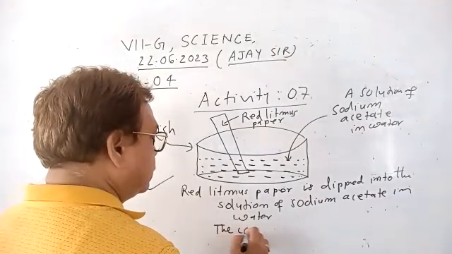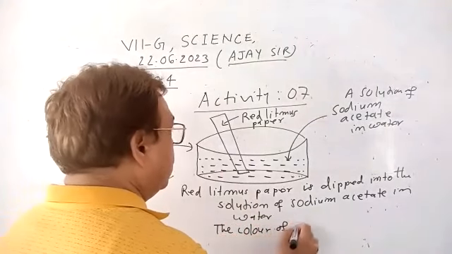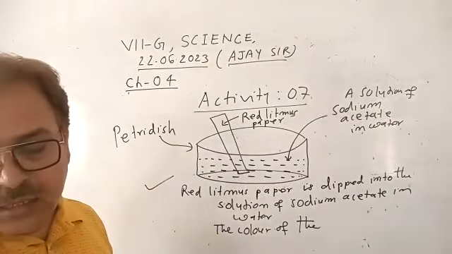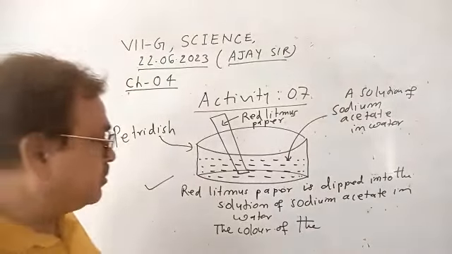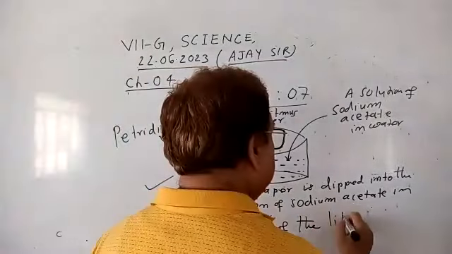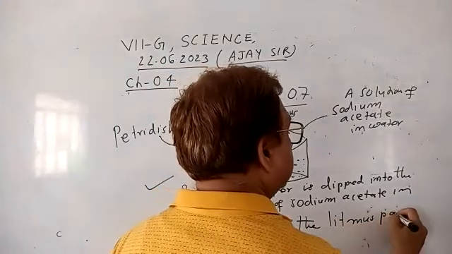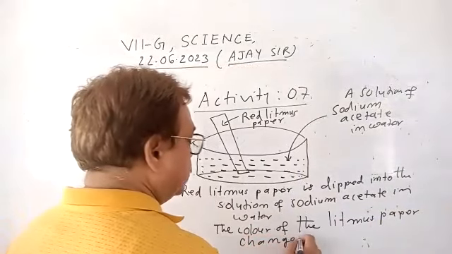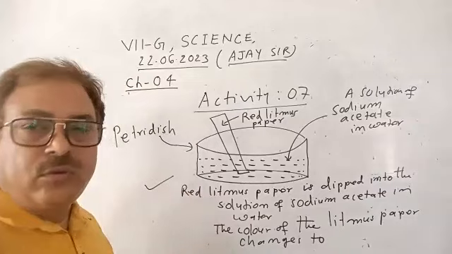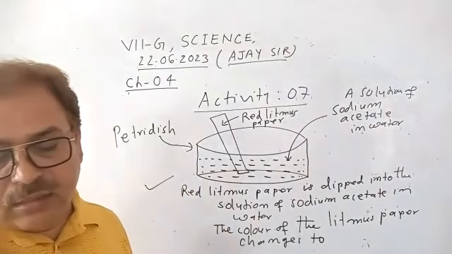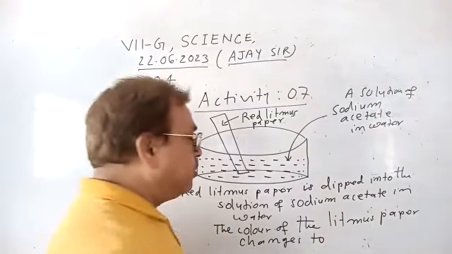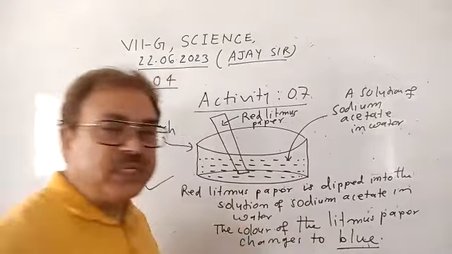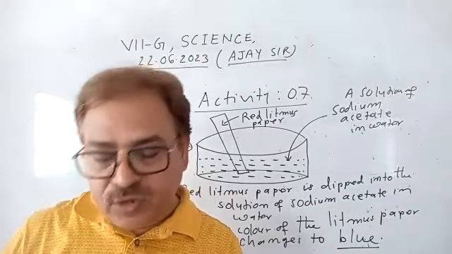The color of the litmus paper changes to blue. So which color is changing? Red color is changing to blue.